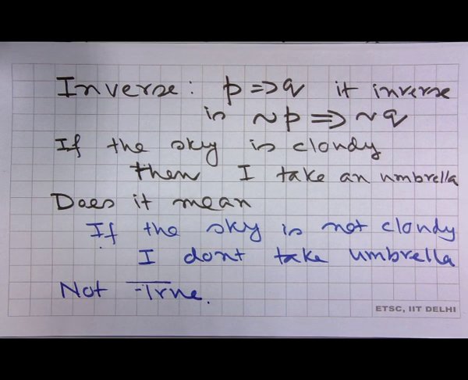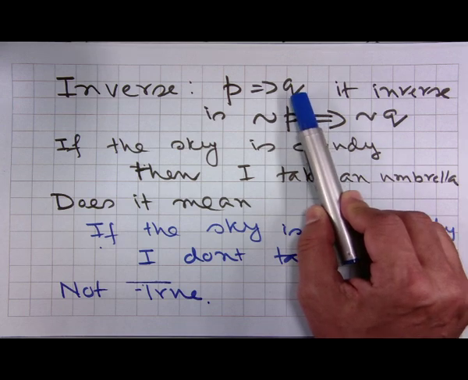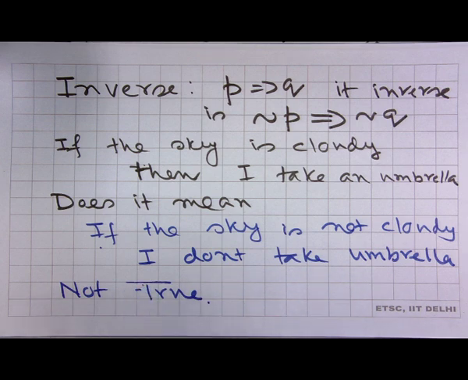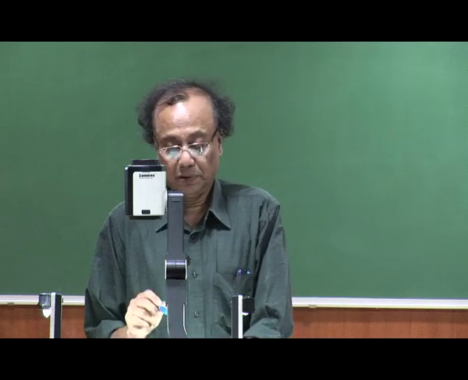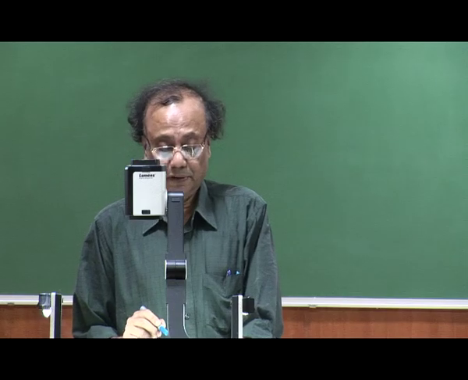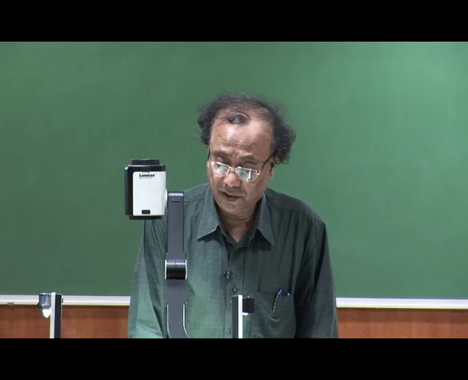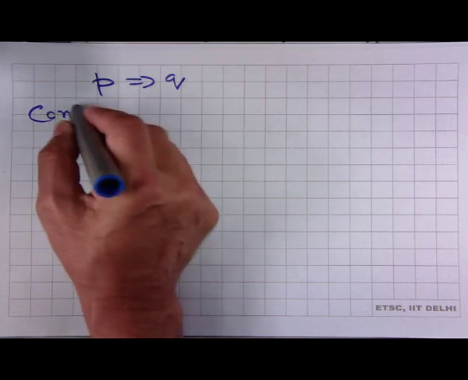So, when it was the converse, we were talking about whether me carrying an umbrella means it is cloudy. That is not true. Similarly, if the sky is not cloudy, that means that I don't take an umbrella. That is also not true. Therefore, what can we infer from P implies Q? Contrapositive. Let us look at it.